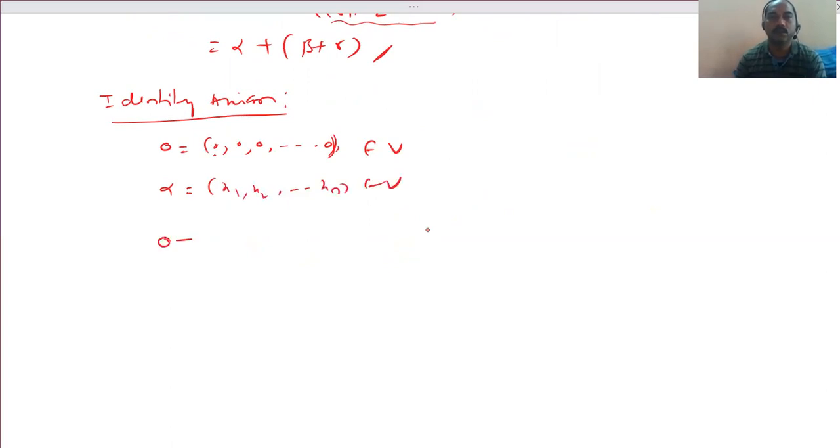Then what about 0 plus alpha? 0 plus alpha is nothing but 0 plus x1, 0 plus x2, and so on, 0 plus xn. 0 plus any element equals the same element by the property of the field. Inside elements have the properties of the field. So once again we get alpha.